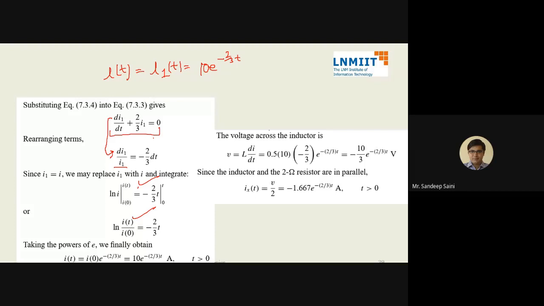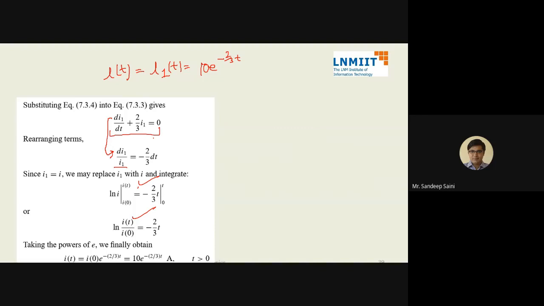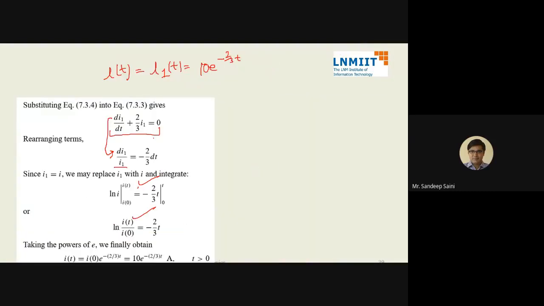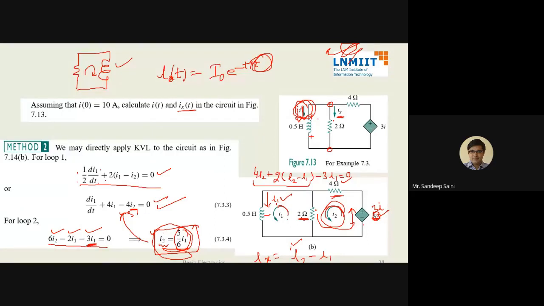And if I ask you any other thing like voltage across the inductor, voltage across this resistor, voltage across that resistor, can you calculate all those now? Yes, sir. Okay. This is how basically we solve the circuit if we don't get the direct formula fitting in my circuit.